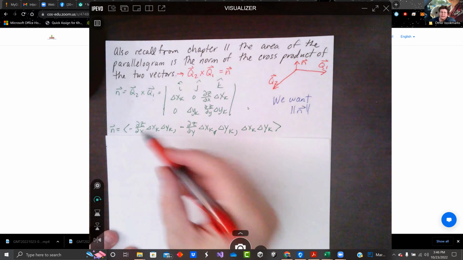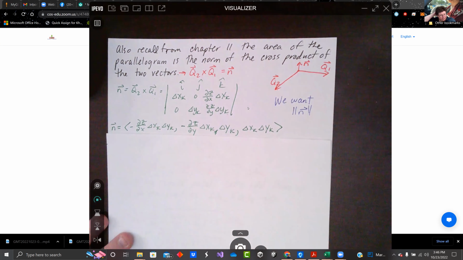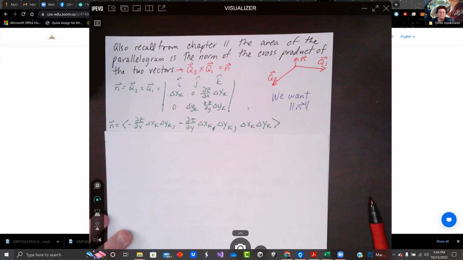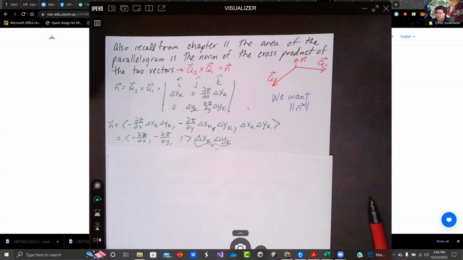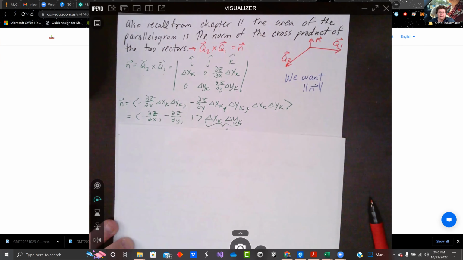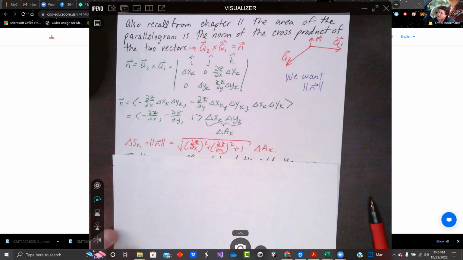When we do, we get negative the partial of z with respect to x times delta x delta y, then negative the partial of z with respect to y times delta x delta y, and then the z component is just delta x delta y. We factor out a delta x delta y. We've got negative dz dx, negative dz dy, and 1, times delta x delta y, and that's our area.